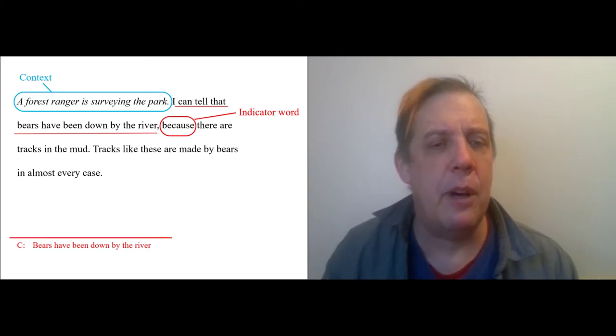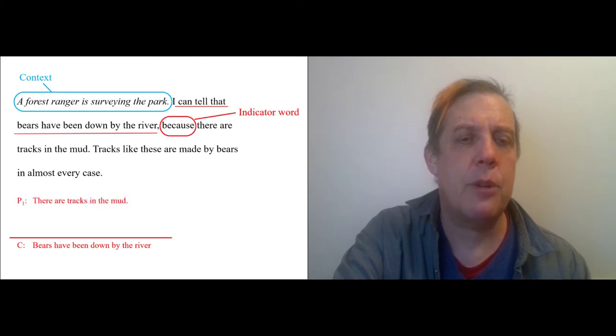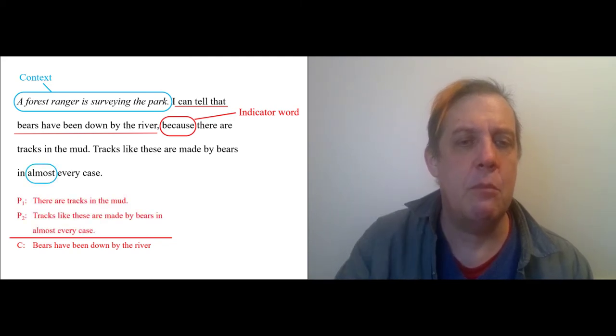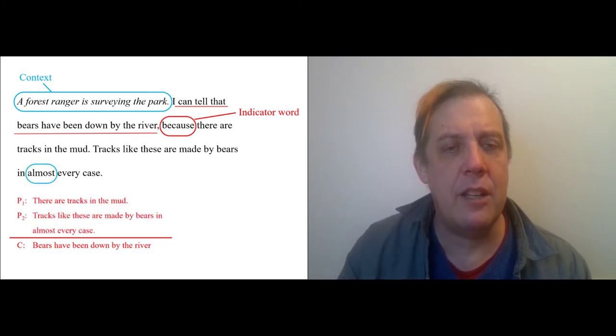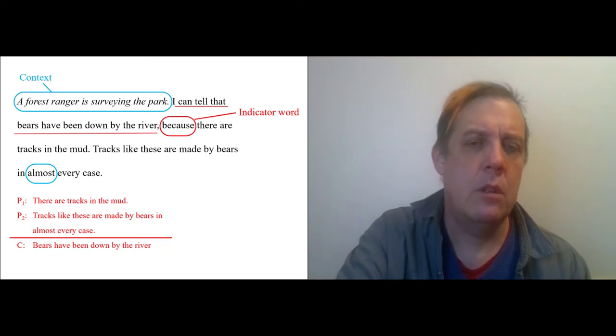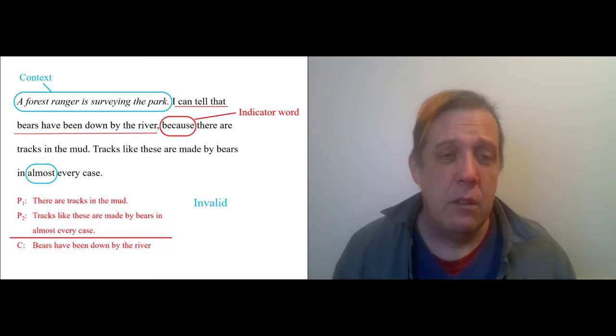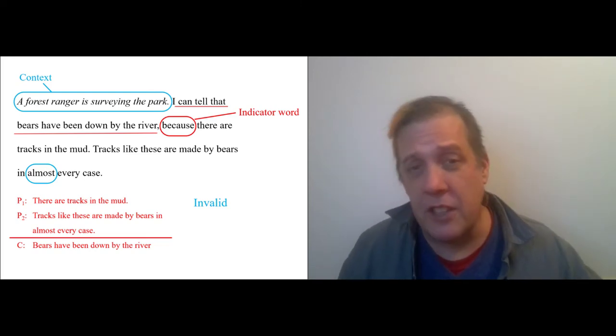We'll draw a line above it. That's our conclusion. And that means that the other two statements are premises: there are tracks in the mud, and tracks like these are made by bears in almost every case. Oh, but wait, there's that word almost. That means this argument is invalid. Nevertheless, it looks like it's a pretty good argument.